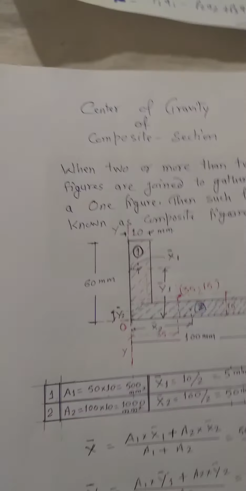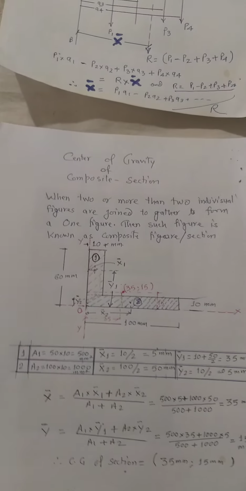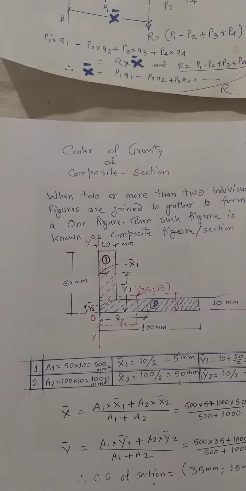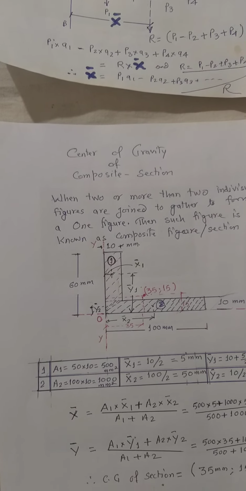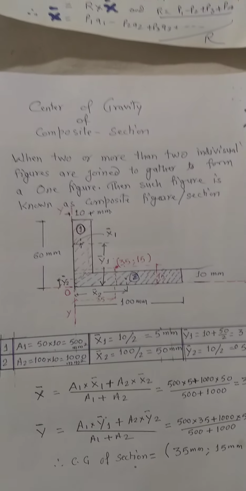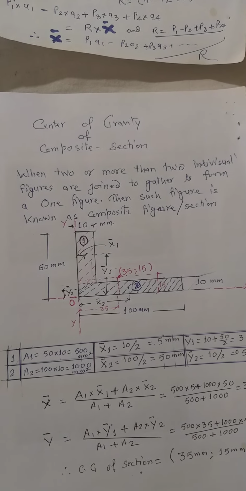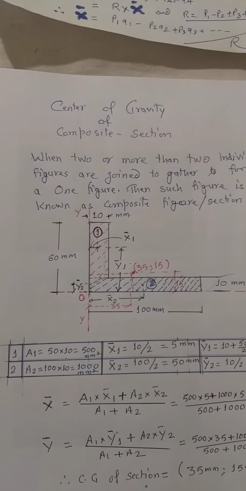Now we will consider a single angle section that we have already seen. But when more than one single angle section are joined together, that form a single section and we call it a composite section.